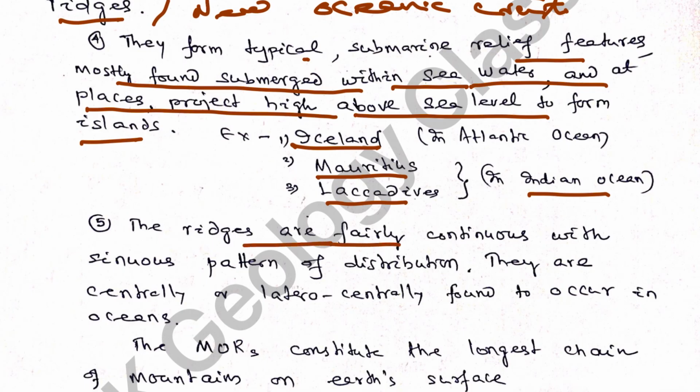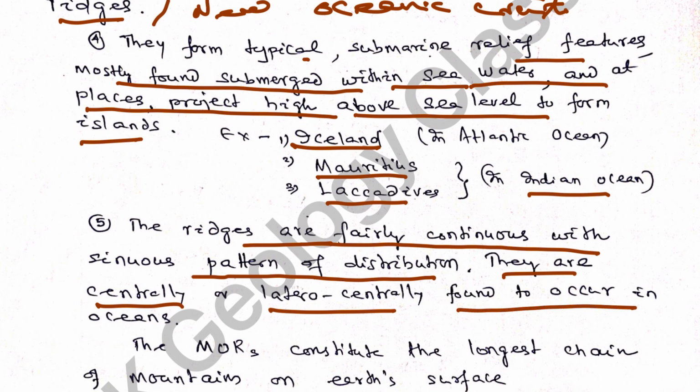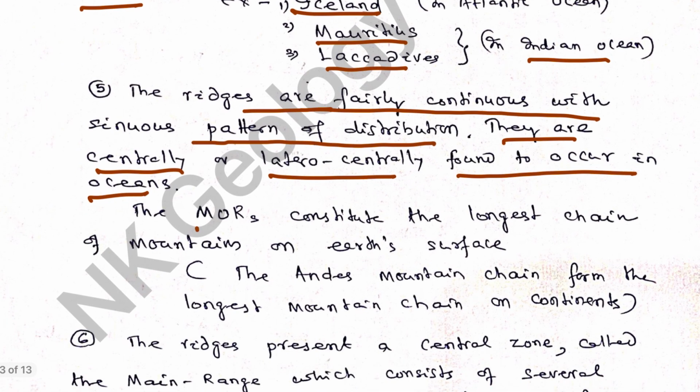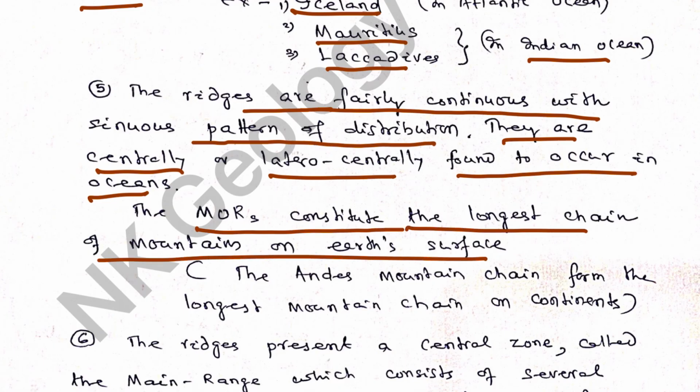The ridges are fairly continuous with a sinuous pattern of distribution. They are centrally or laterocentrally found to occur in the oceans. And these mid-ocean ridges constitute the longest chain of mountains on the Earth's surface, because they account for about 65,000 kilometers.